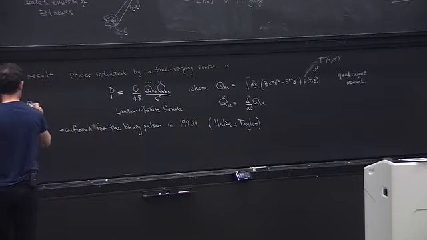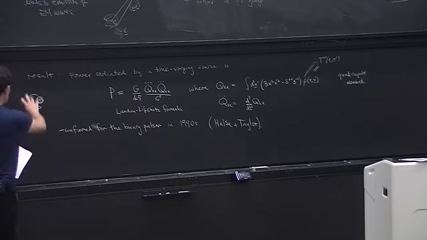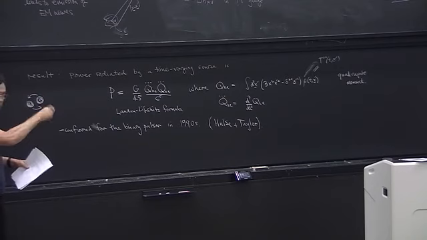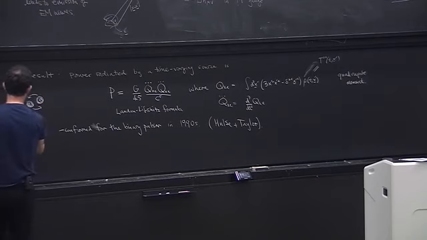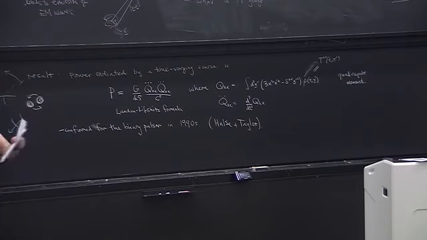The binary pulsar consists of two very compact objects orbiting each other. And so it has a quadrupole moment. And the quadrupole moment is changing because these things are orbiting each other. And then this gives off gravitational waves. As a consequence, it loses energy. As it loses energy, these two objects spiral in towards each other very, very slowly.